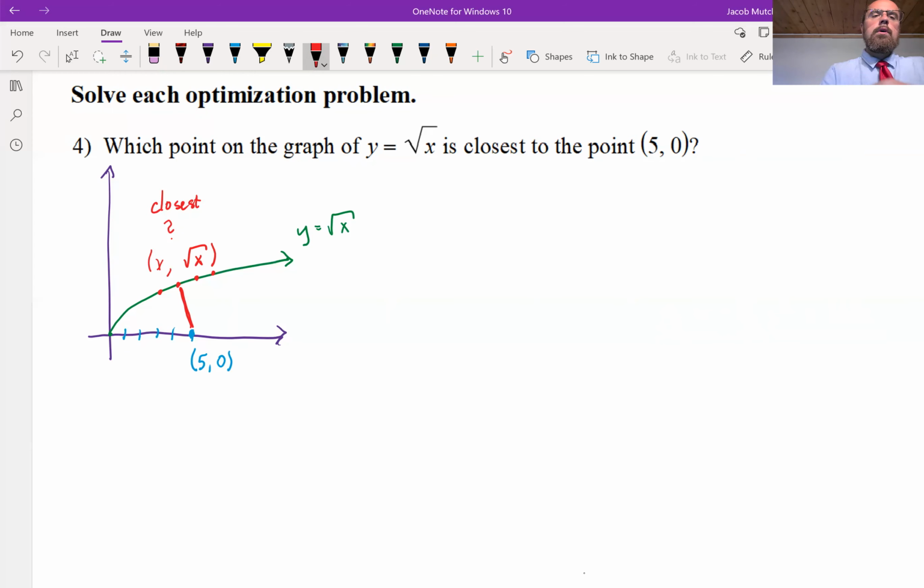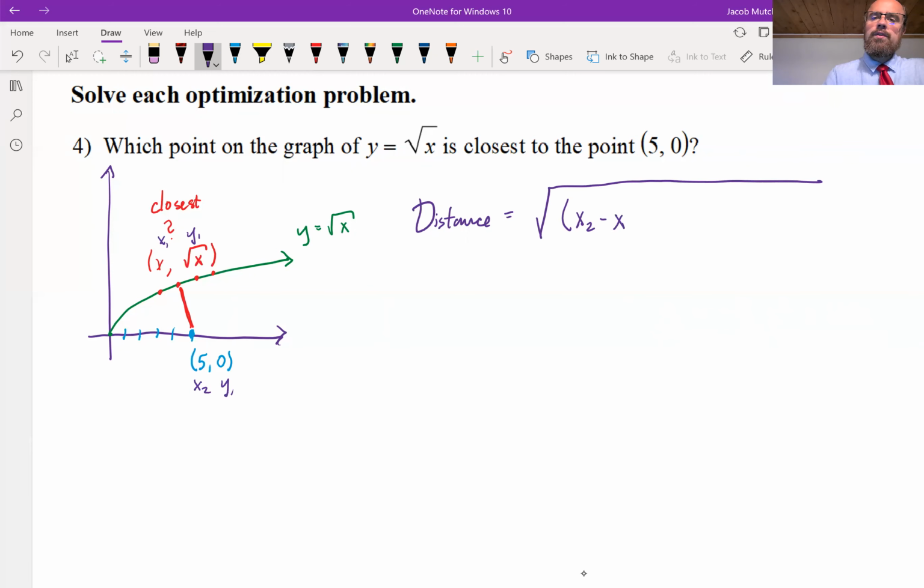Now that will correspond for us because we're about to set up an equation. x1, y1. Our point here, 5, 0, is going to be x2, y2. So when I set up my equation, it's going to be the distance. Let's put the general form of the distance formula just to remember it. It's the square root of x2 minus x1 squared plus y2 minus y1 squared.